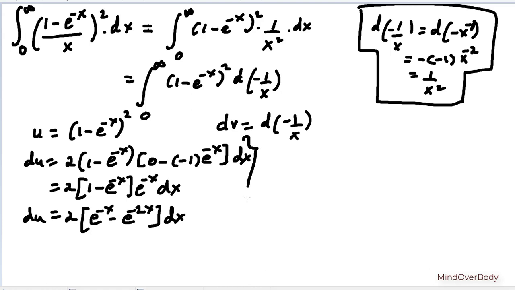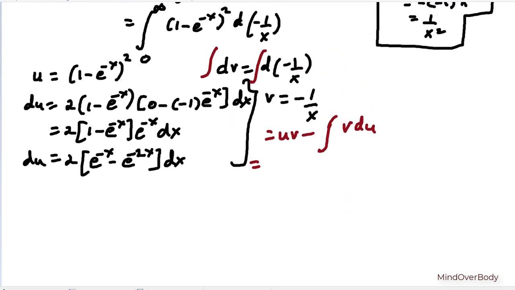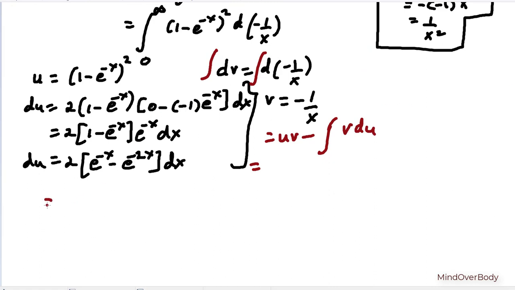Now coming back to dv, I need to integrate dv to get v, and that is going to give me v equal to the integration of d of 1/x with a negative sign, which gives negative 1/x. So applying the formula, uv minus the integral of v du, let me write it over here so that I can have a fairly large amount of space.